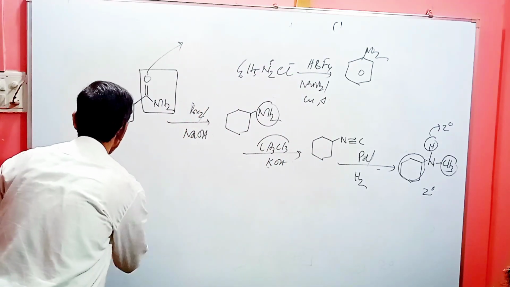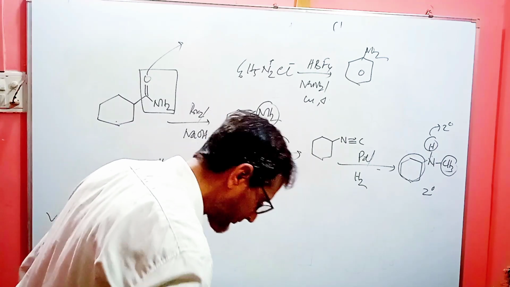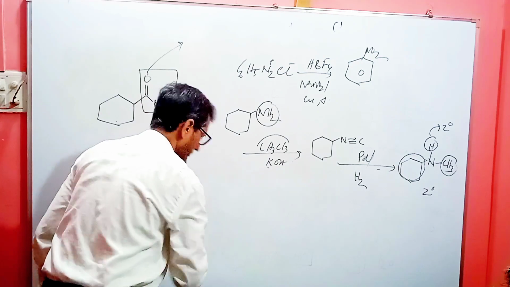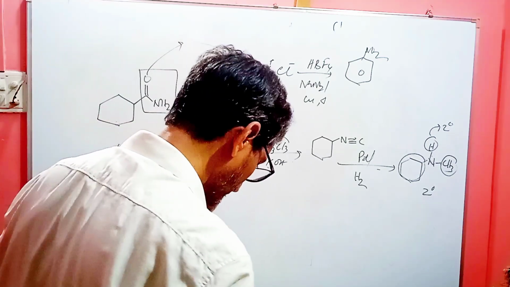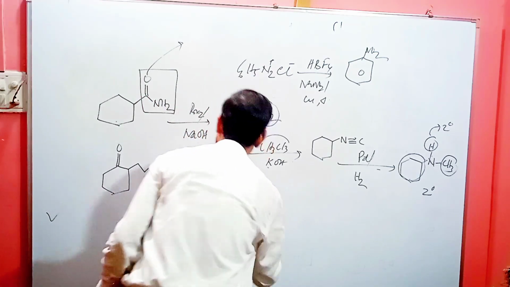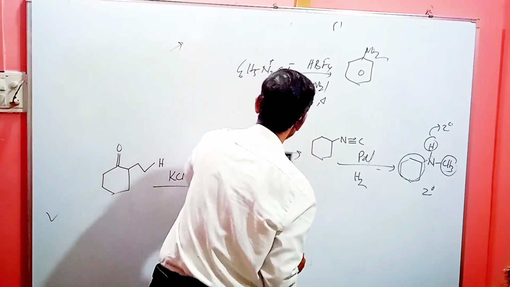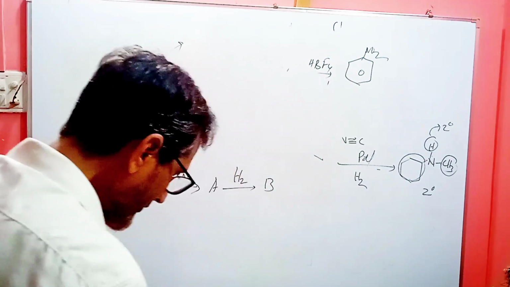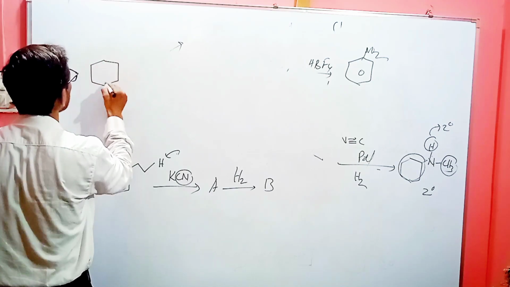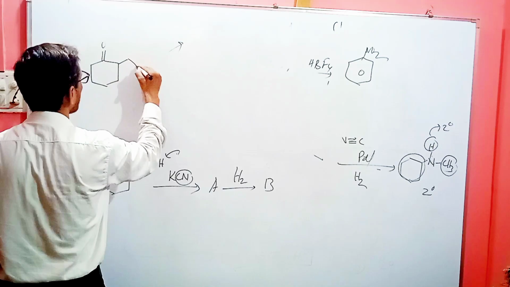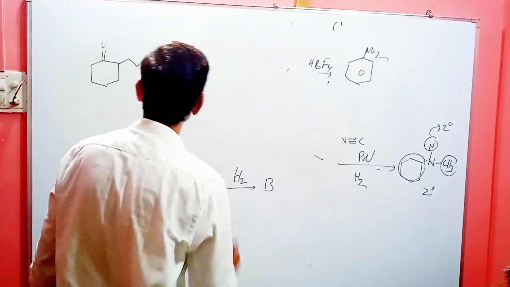Next one is A, and when it is made to react with hydrogen, you are getting B. So simple, when you react with this, one group will enter here, and your A is over.